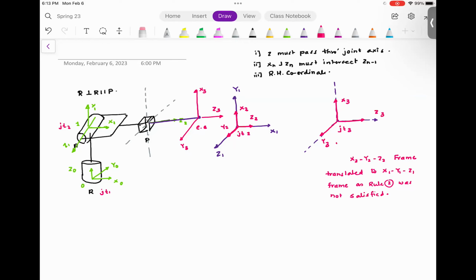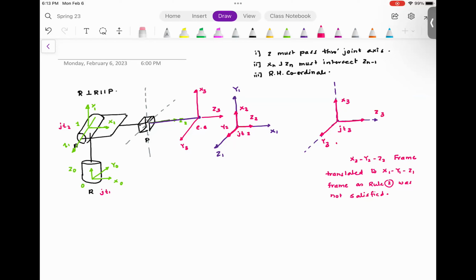Can you see Z3? It's an end effector. There is no joint. So Z3 can be anywhere, but for the sake of simplicity, I'm assuming Z3 is aligned with Z2. It can be in any other direction, but since I want to make my life easy, Z3 is aligned with Z2.